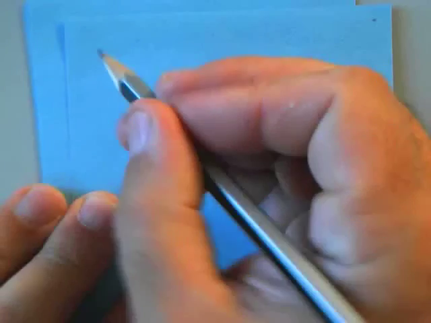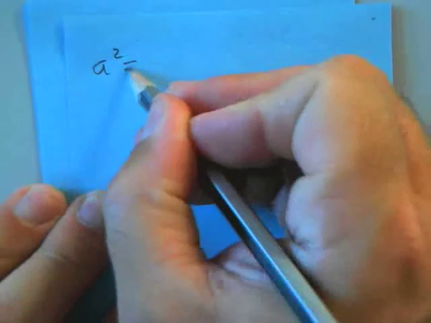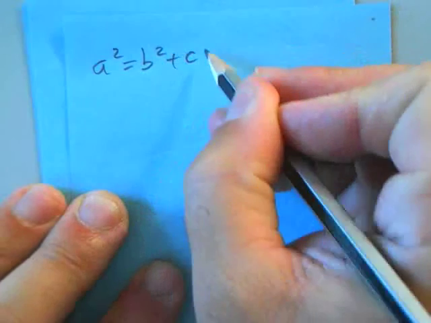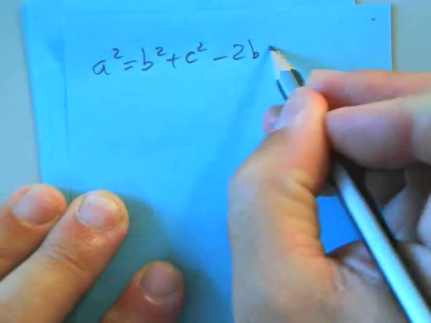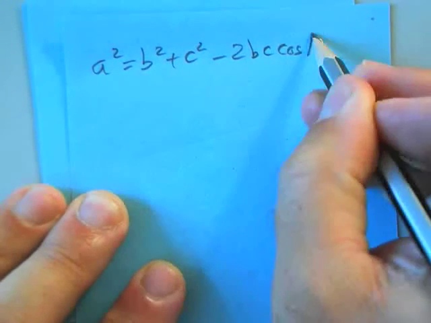I told you already that a squared equals b squared plus c squared minus 2bc cosine A. Now, there are variations on that one.